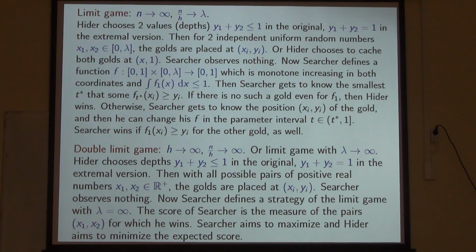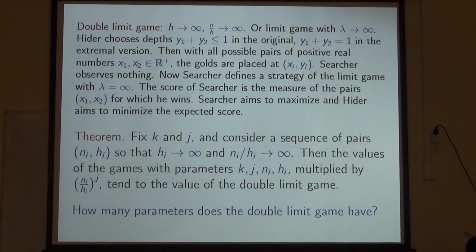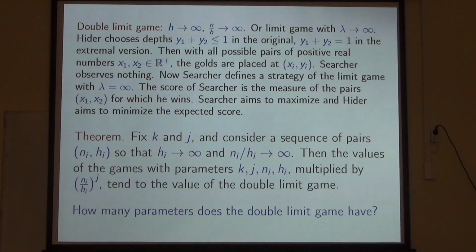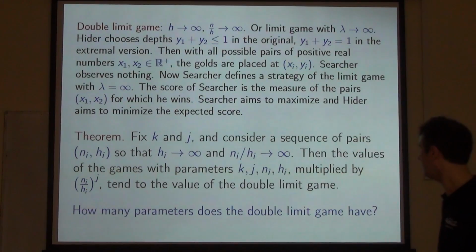And again, this is the double limit game, and we again have this theorem that the values of the finite game converge to the value of this double limit game with some normalization factor.